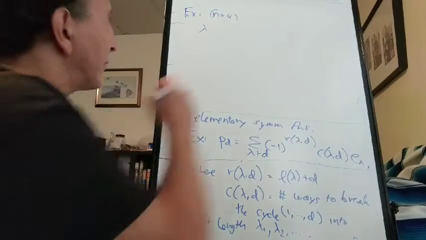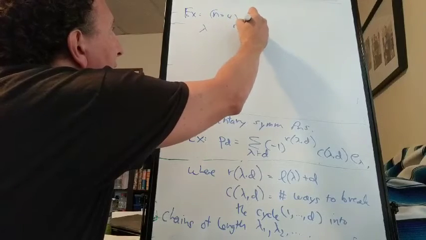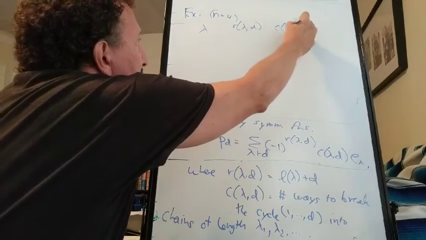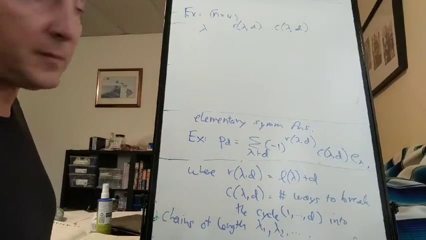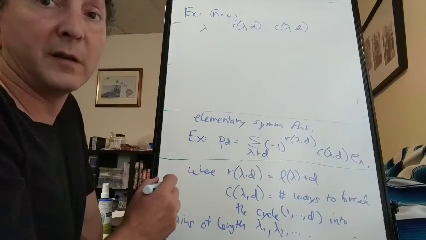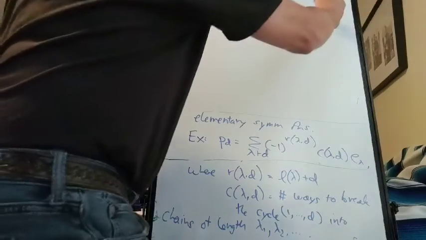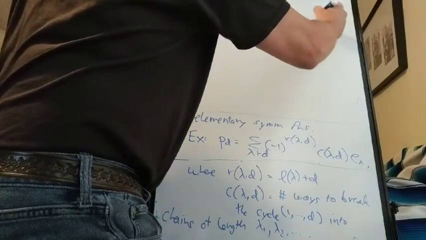So let's make columns for lambda, r of lambda d, c of lambda d, and our cycle is going to be 1, 2, 3, 4.